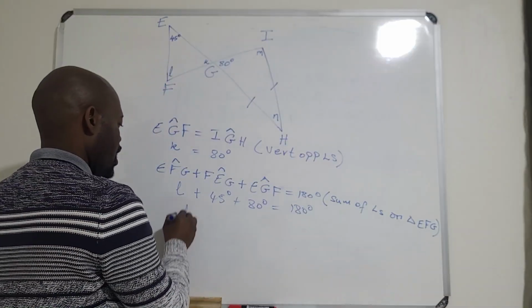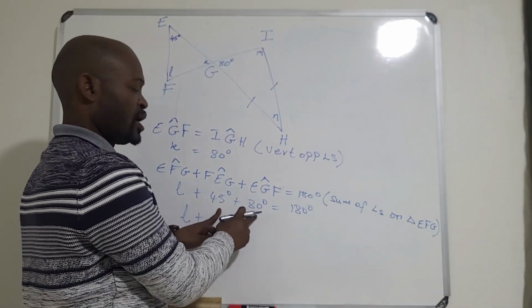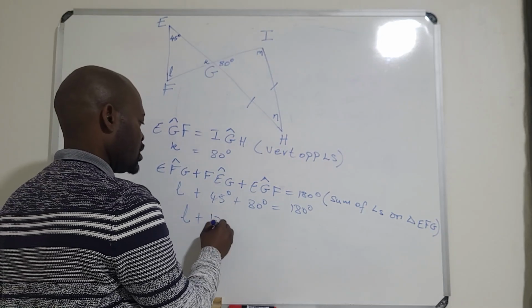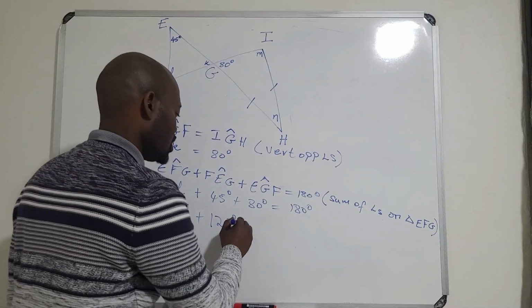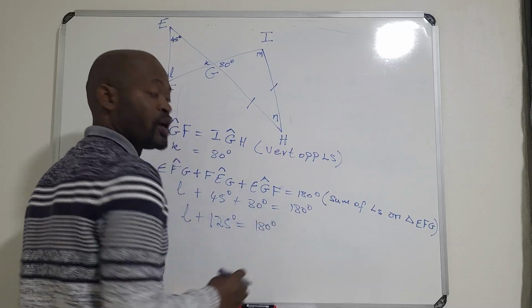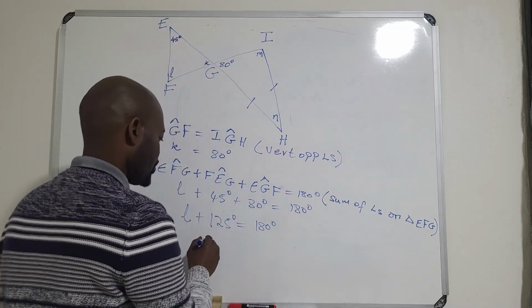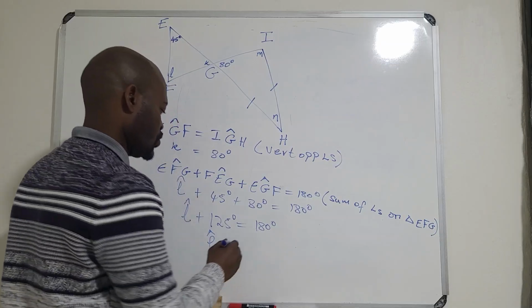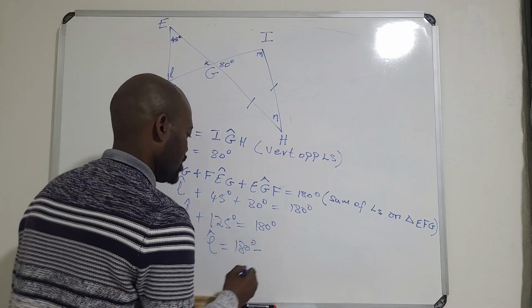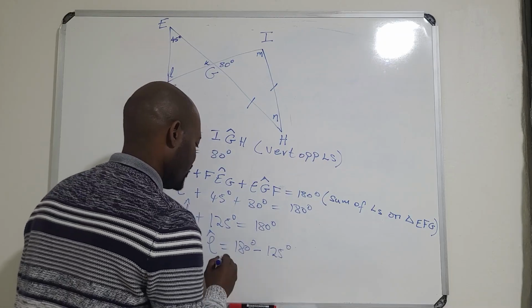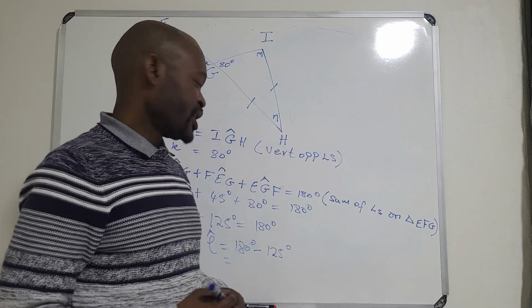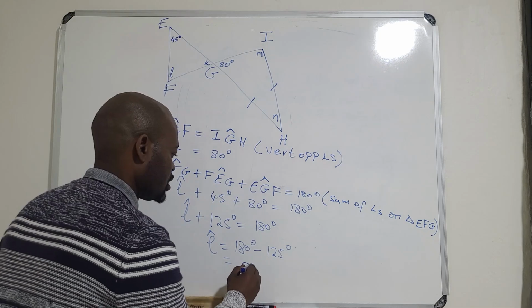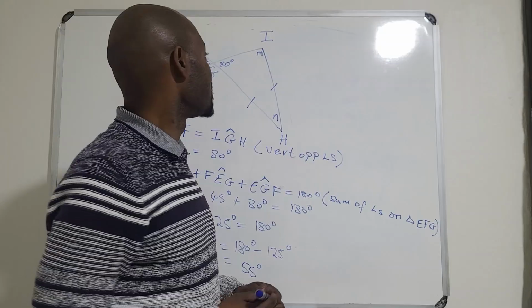Now, L plus, we can add these two, and adding these two gives 125 degrees, which is equal to 180 degrees. Now, our angle L is equal to 180 minus 125 degrees, which is 55 degrees.